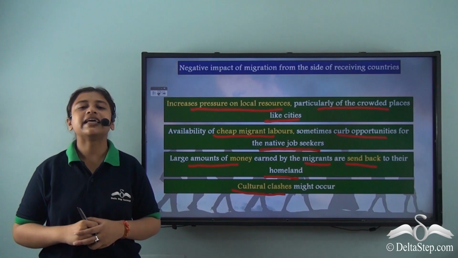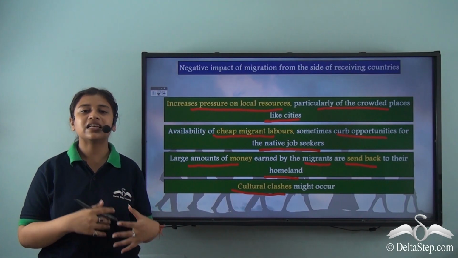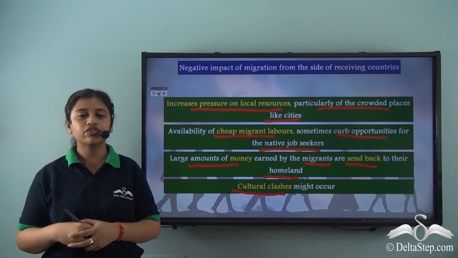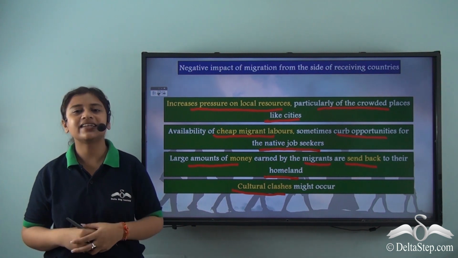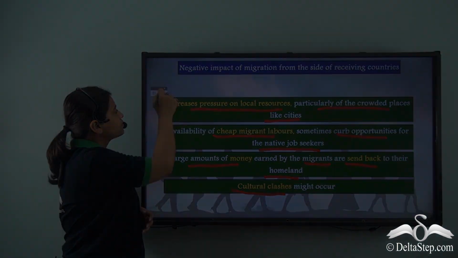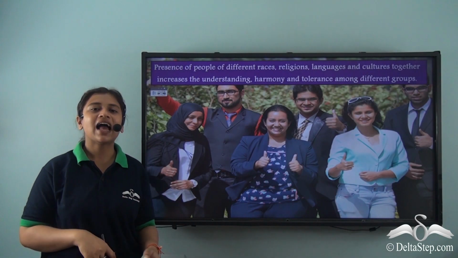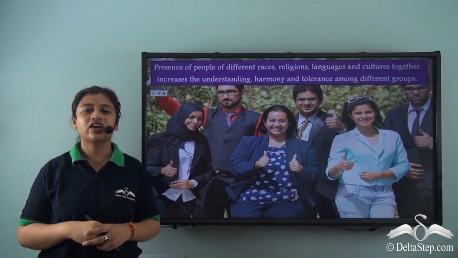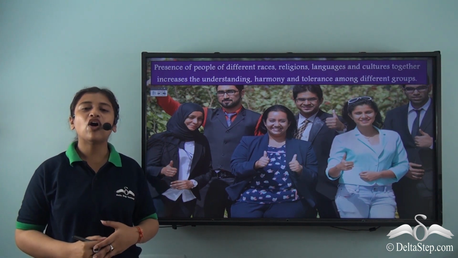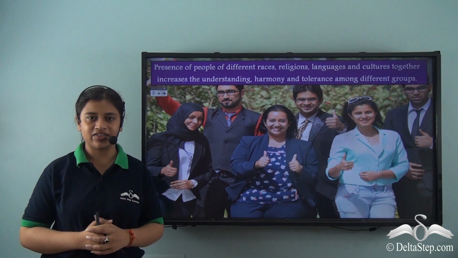So far, we were able to trace the positive as well as negative impacts of migration for both receiving and sending countries. We saw that migration can be both beneficial and non-beneficial for the countries who are receiving migrants or for the countries who are sending migrants, right?